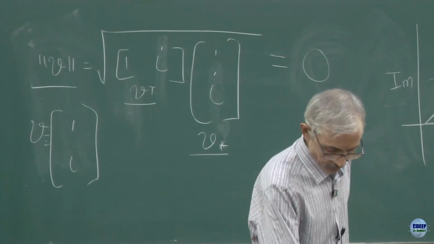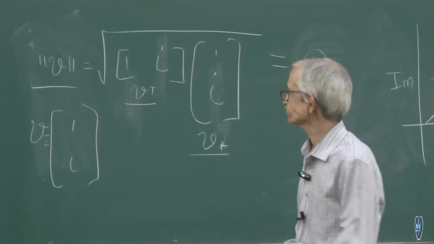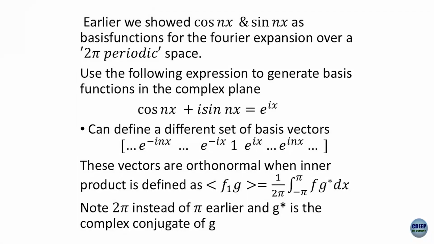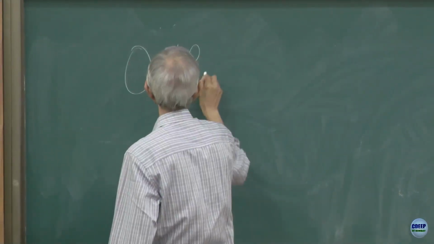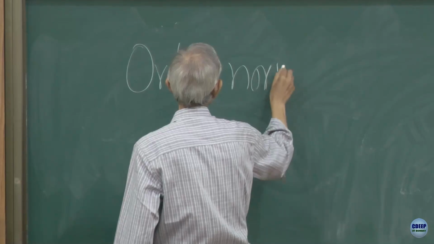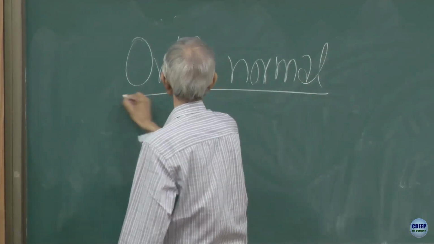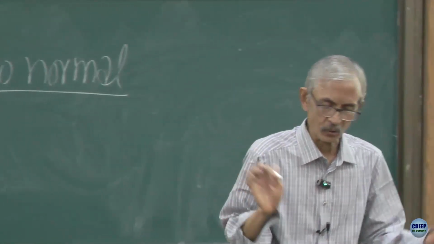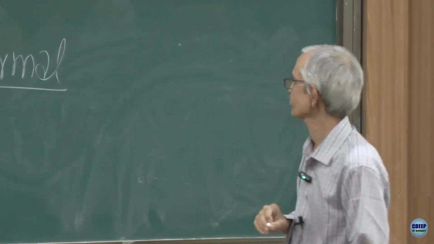Okay. So now we go ahead and say that earlier on we said that our Fourier series had a set of functions which were orthonormal. So these were orthonormal functions, and from trigonometry we had identified that cosines and sines are orthonormal functions.